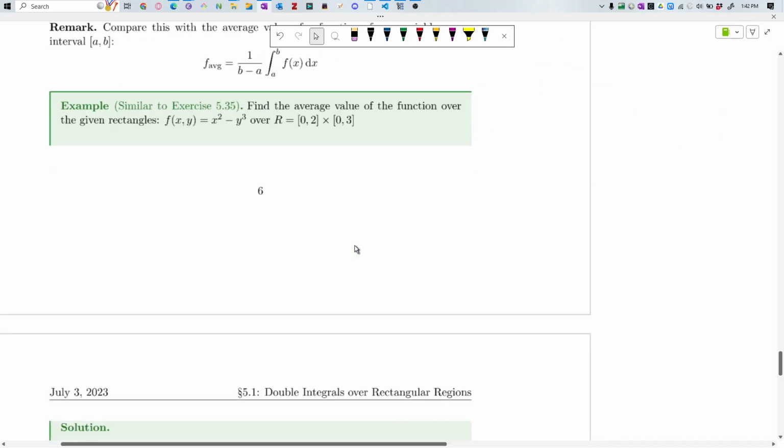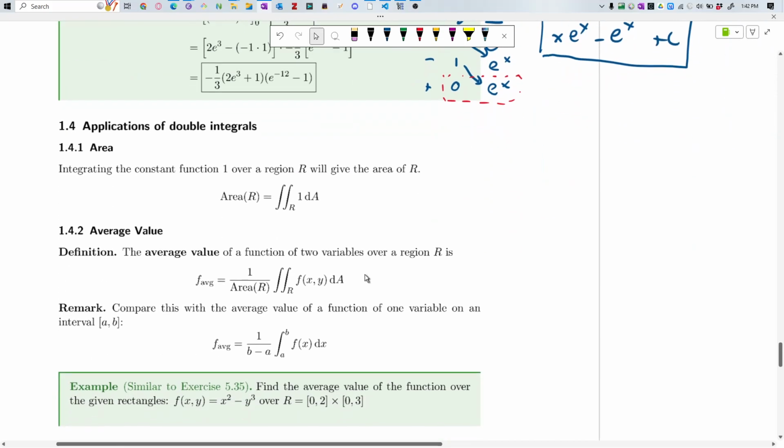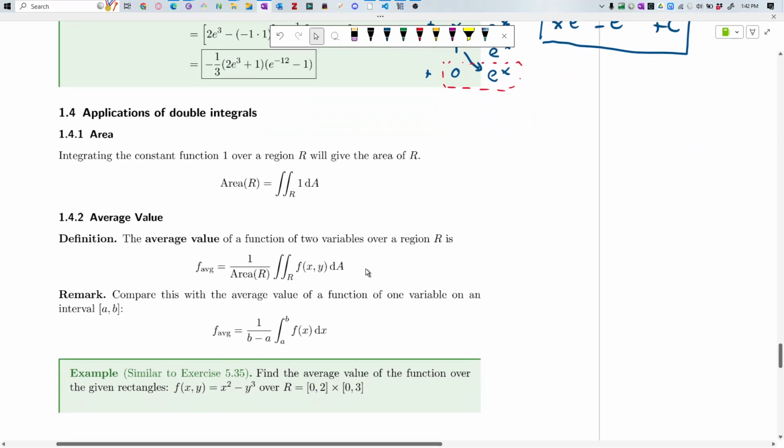Right. I think this is the last thing I mentioned, which is that these are analogs of things that you know about integrals. Well, in a sense, it's an analog. So if you had just a to b, this is back from Calc 1, right?